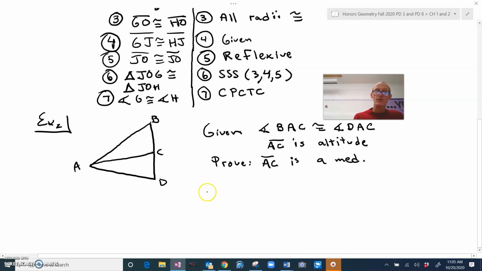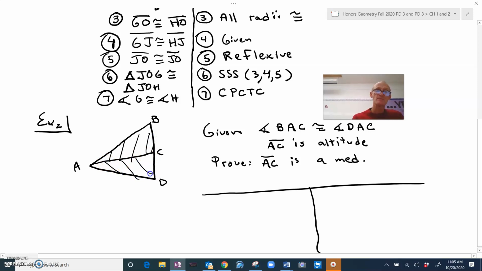All right, 2-column proof. Here we go. Now, we're probably going to get these two triangles congruent somehow. Okay, so angle BAC, this one, is congruent to DAC.